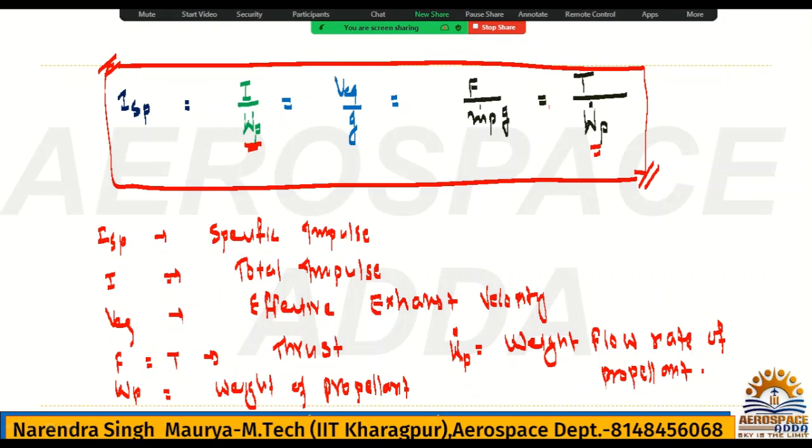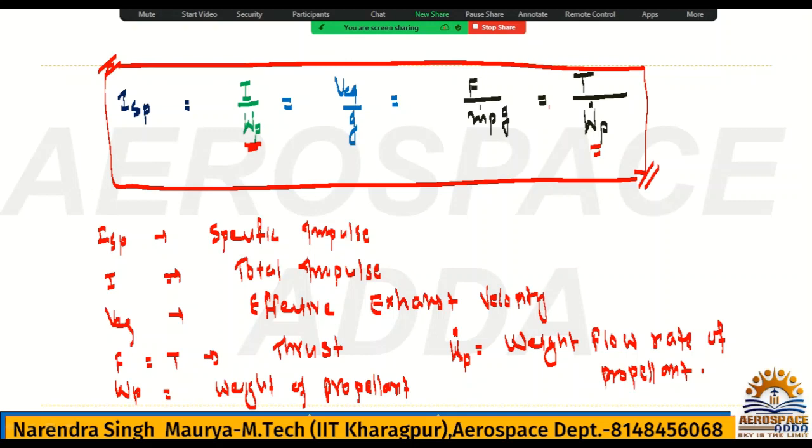Specific impulse ISP represents the time average specific impulse over the entire period of operation of the rocket engine. The value of specific impulse does vary during transient operation, namely start or shutdown period.